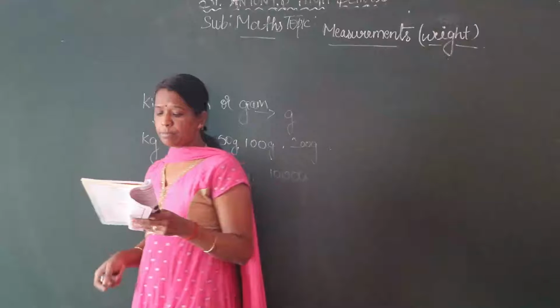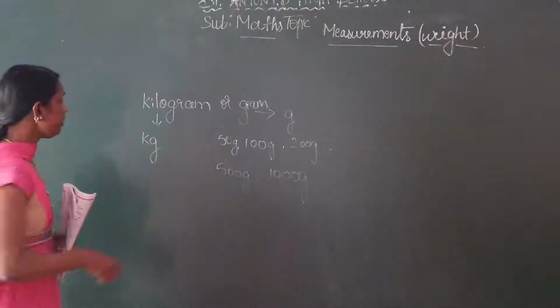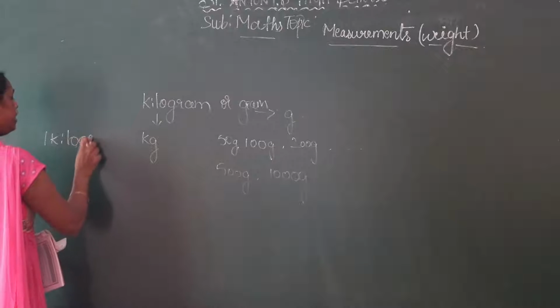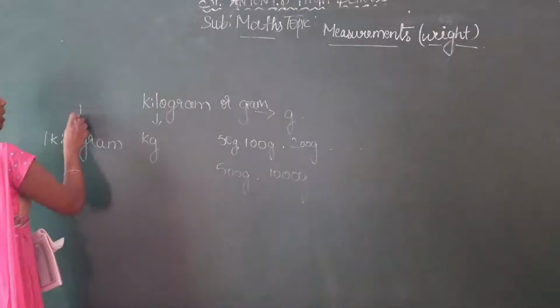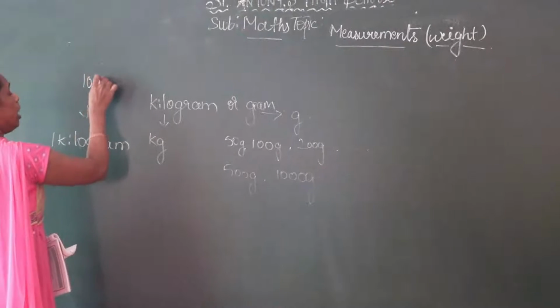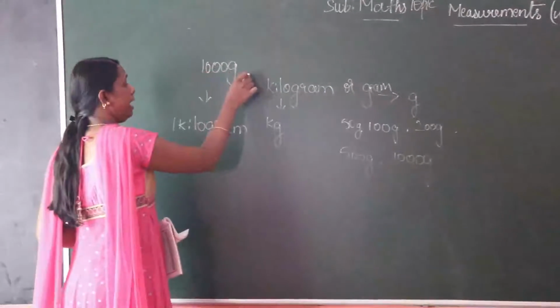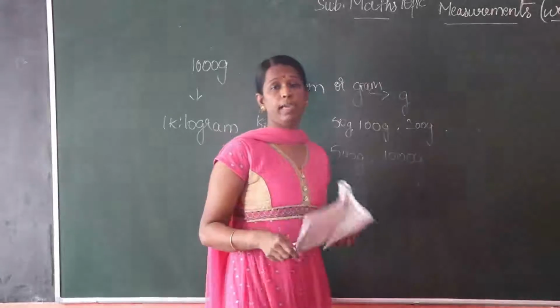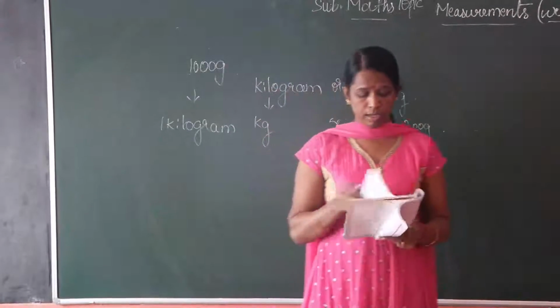So how many grams make 1 kilogram? So you know that 1000 grams makes 1 kilogram. Okay children, 1000 grams make 1 kilogram.